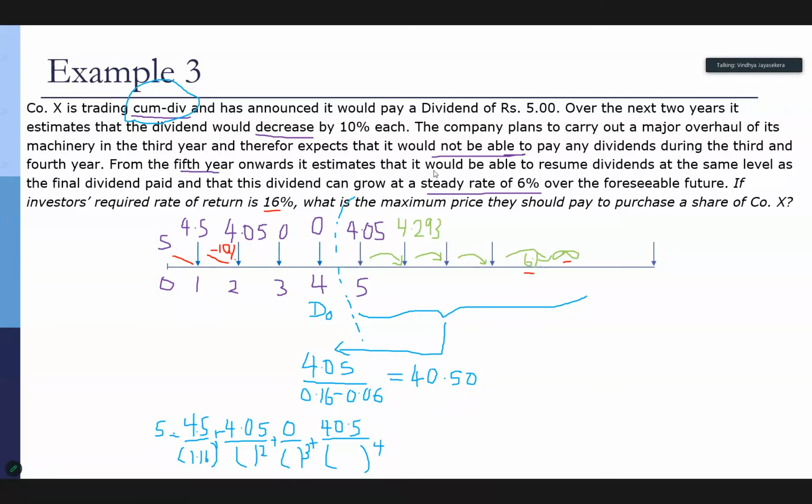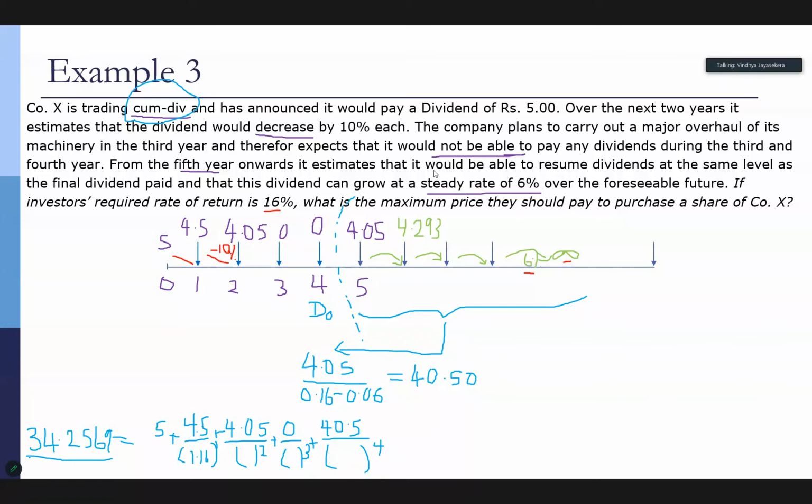So add that also. And I'm told you're getting 34.2569. Is that correct? So this is the cum div price of the share.